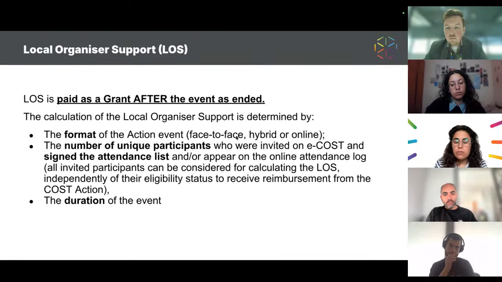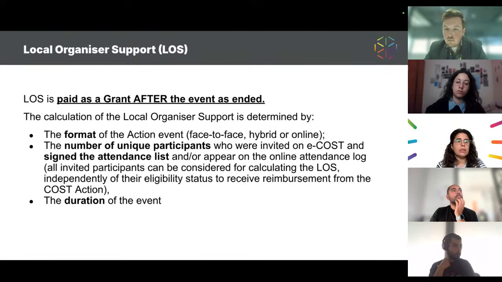Is this a face-to-face event? Is this a hybrid event? Or is this an online event? It also depends on the number of unique participants who were invited in eCost and signed the attendance list. So if you are organizing, we will provide you a list of participants, and all of them should sign their presence in the event.